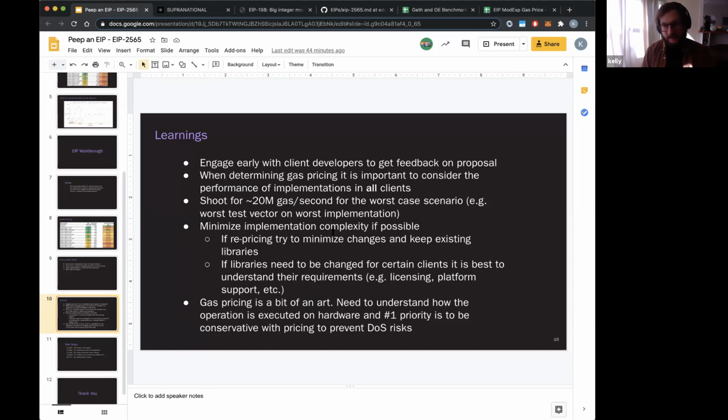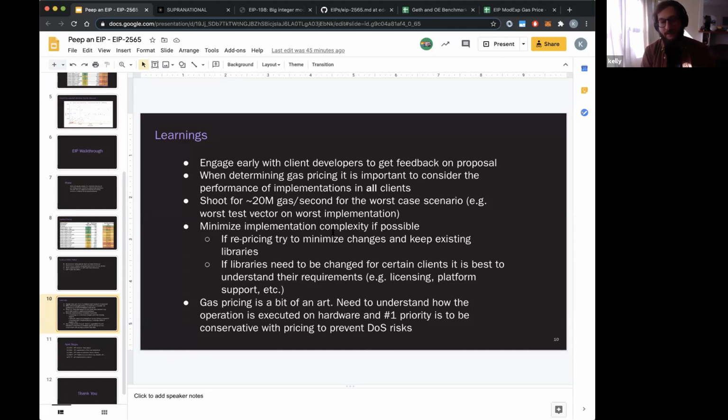Anytime you're doing gas pricing, it's not sufficient to just look at one client. We had a ton of struggles here and a lot of time spent because for whatever reason, the library and the function that Open Ethereum was using had much worse performance than the one that Geth was using. So you need to ensure that you don't create a denial of service for one client.